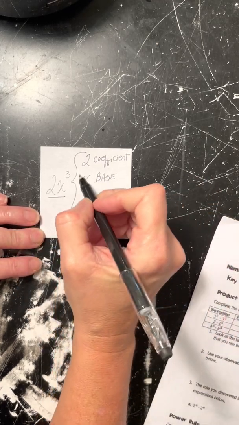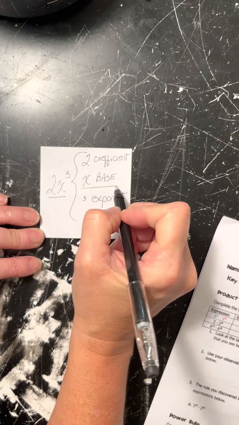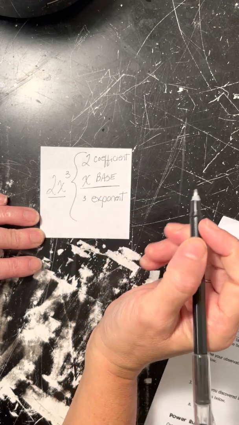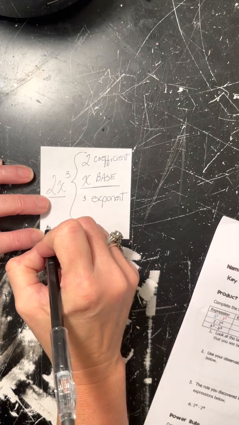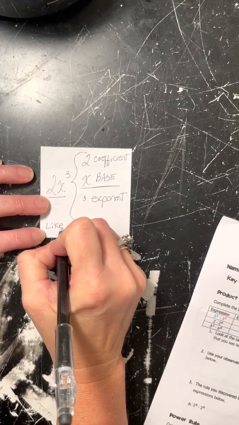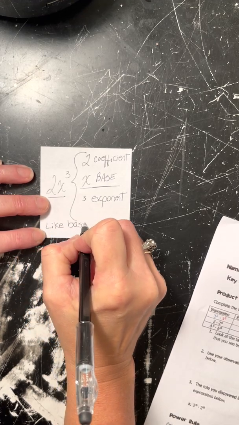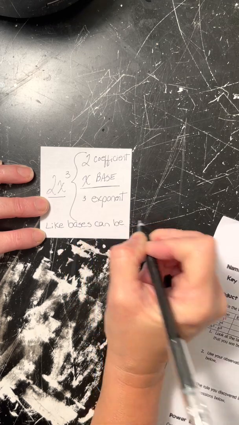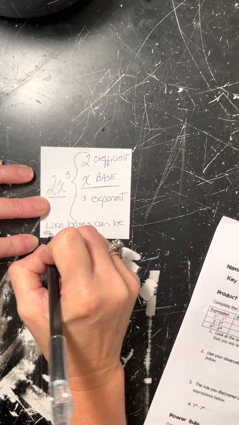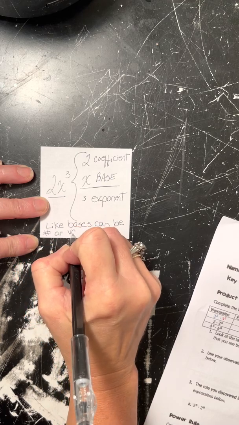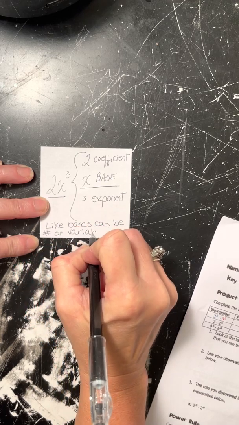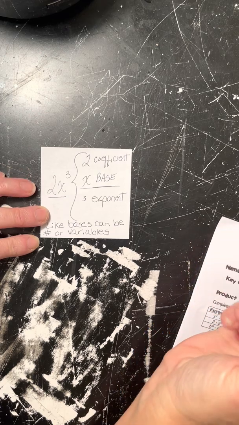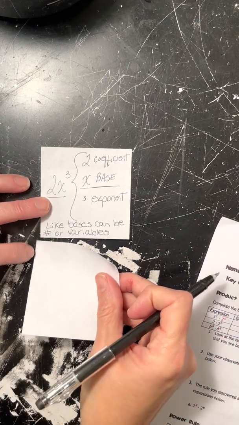Now, also, and this is kind of what we're focusing on right here, bases and like bases. Like bases can be numbers or variables. And like bases are the same.